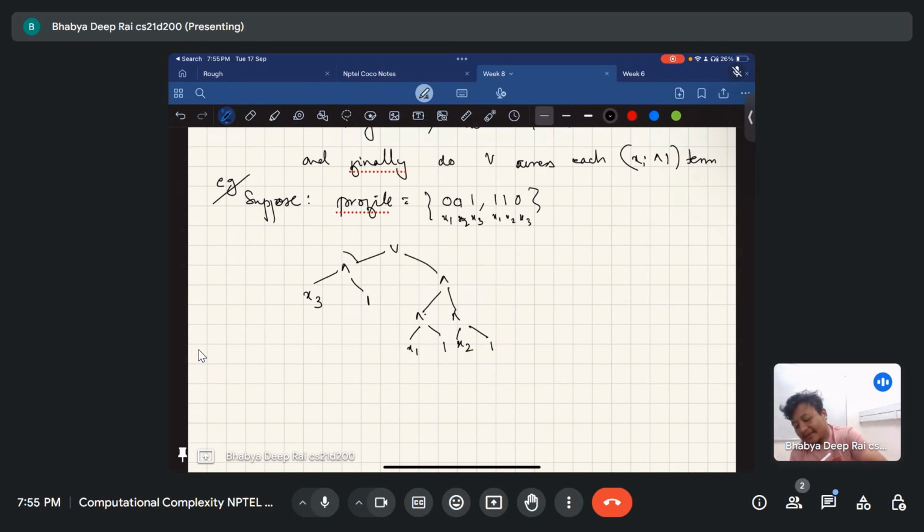This is for the first element, 001, and this is for the second element, 110.